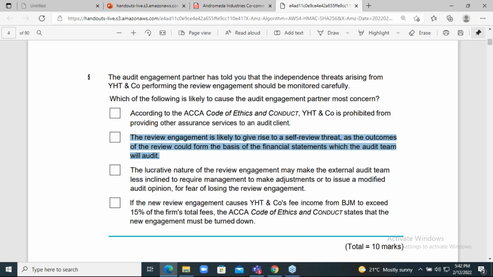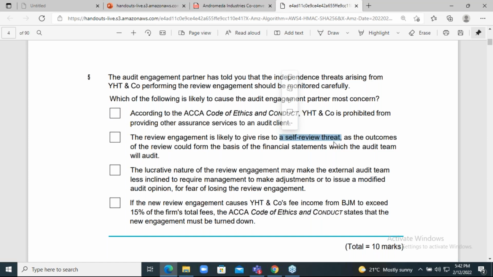Now I will tell you that option C is correct and option B is incorrect. Why is option B incorrect? It says the review engagement is likely to give rise to a self-review threat.